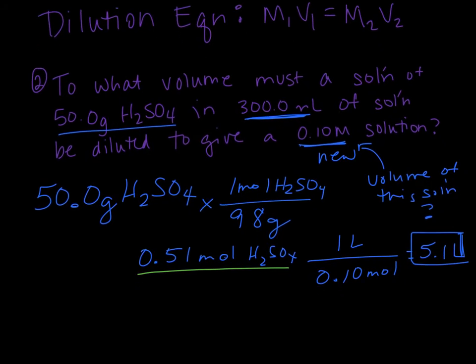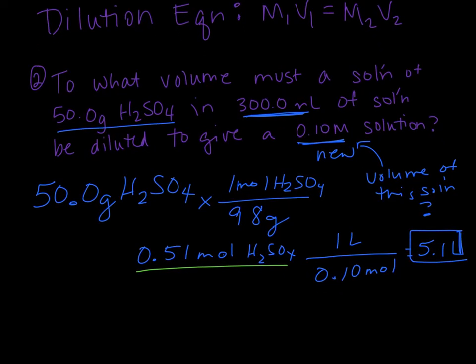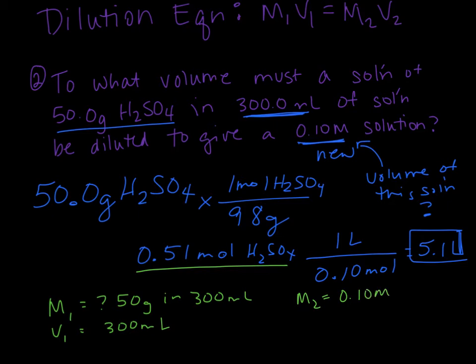But if we use the dilution equation, I need to find my M1 because I don't have it. All I know is that there's 50 grams in 300 milliliters, so I can find it from that information. My V1 is going to be the 300 milliliters. M2 is 0.1 molar, and V2 is what we're looking for.